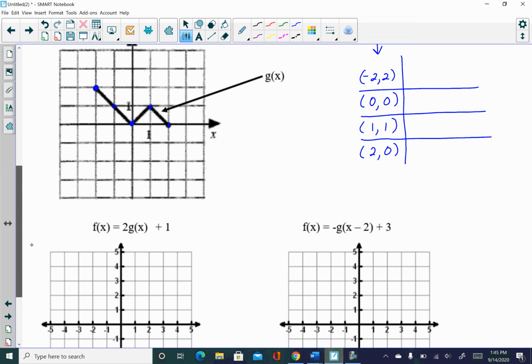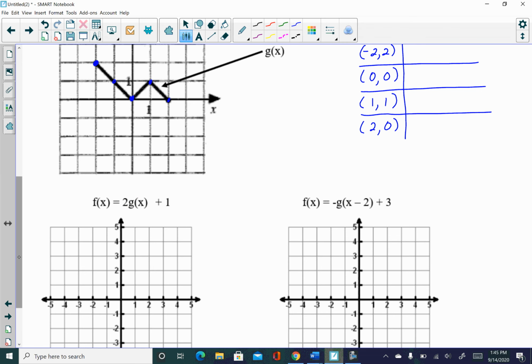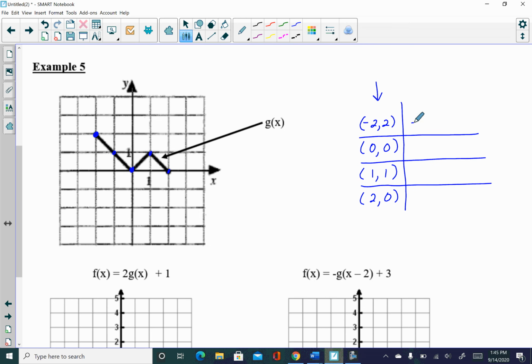So all my x values are going to stay the same: -2, 0, 1, 2. Let's multiply these y values by 2. So 2 times 2, of course, is 4. 0 times 2, still 0. 1 times 2 is 2. 0 times 2, still 0.